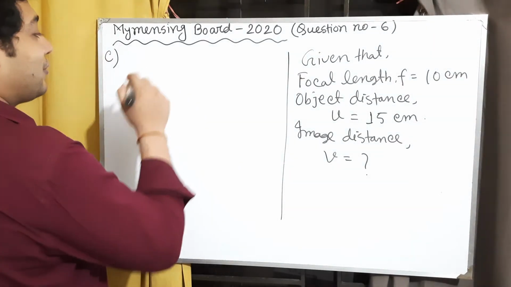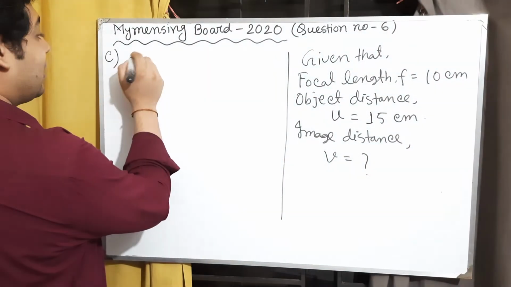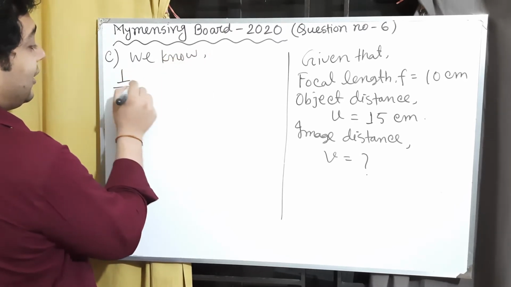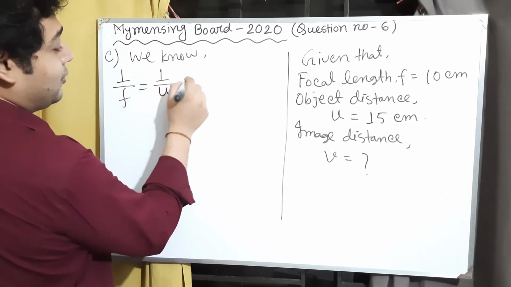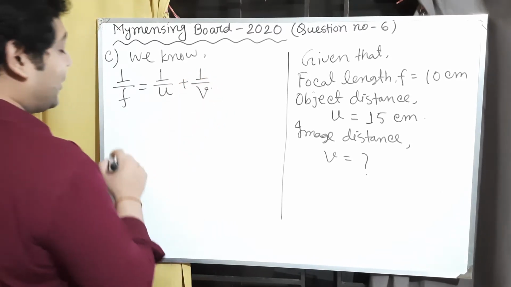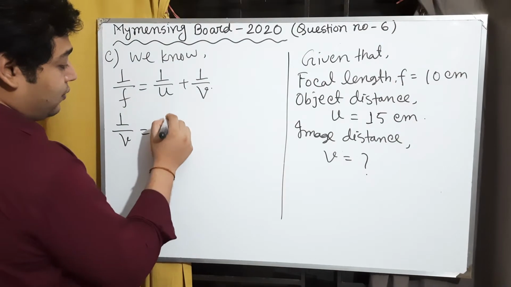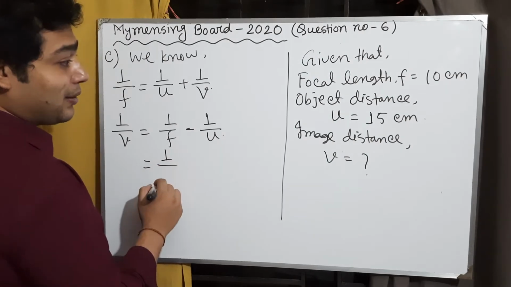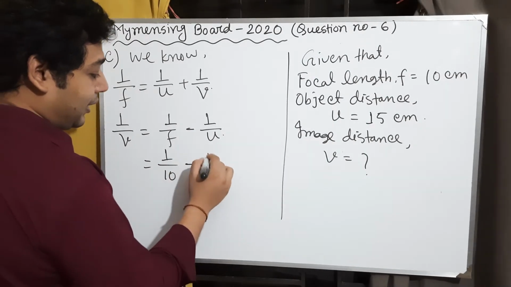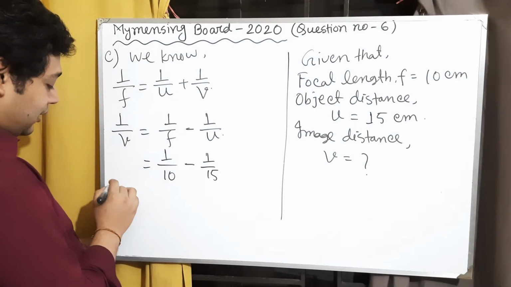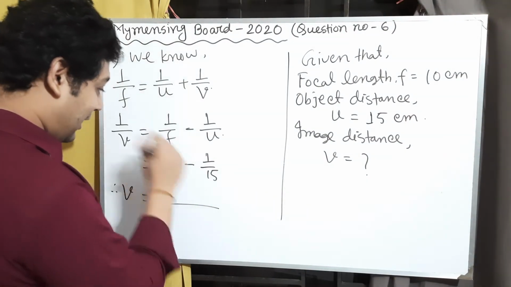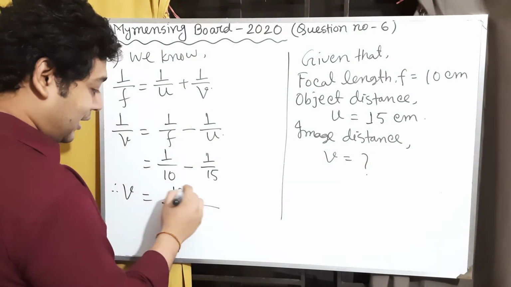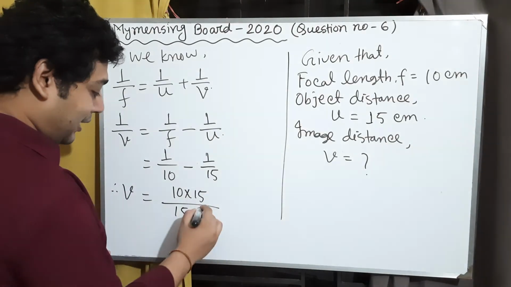From the general equation of mirror we can write 1 by f equal to 1 by u plus 1 by v. So 1 by v equal to 1 by f minus 1 by u. Putting the values, we get 1 by 10 minus 1 by 15. Therefore v equals 10 into 15 over 15 minus 10.